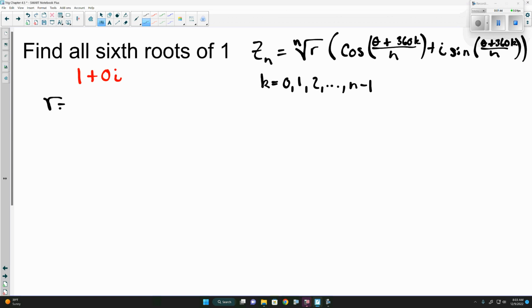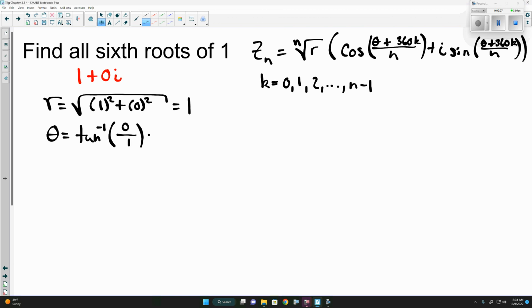Now, r is the square root of a squared plus b squared, which is really just going to be 1 squared, and the square root of 1 squared is just 1. Theta is going to be tangent inverse of b over a.